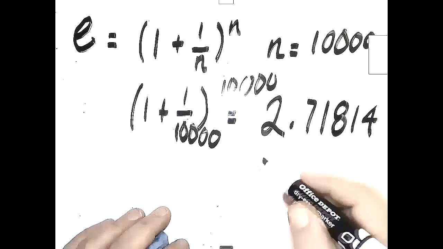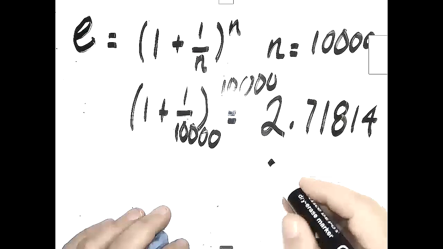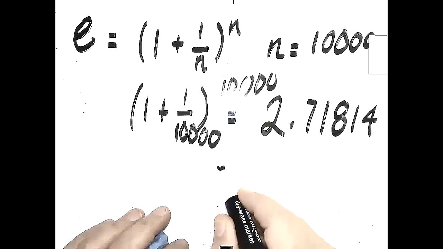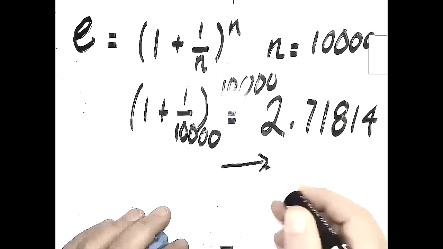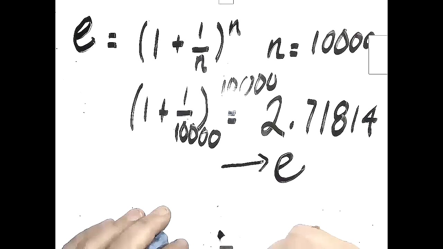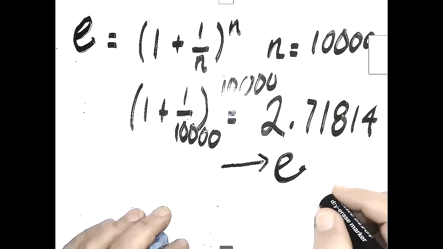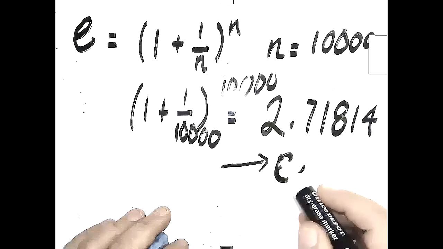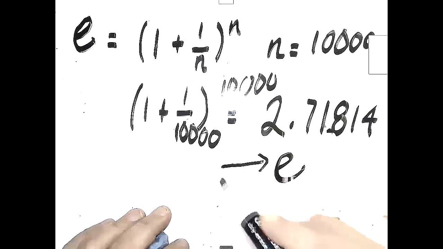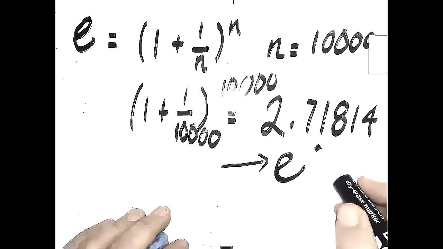As we keep doing this operation over and over again, we keep getting closer and closer to this number e. We never quite get there, but we get very, very, very close. And so this is just a function that can go on indefinitely, and that's why we get this number.